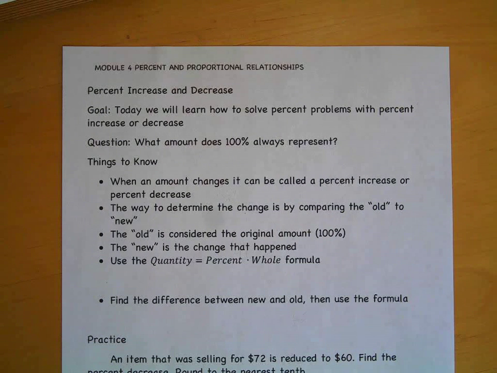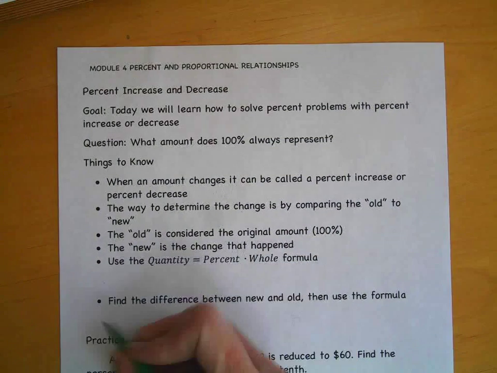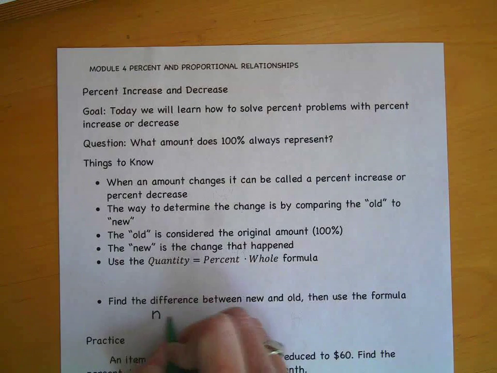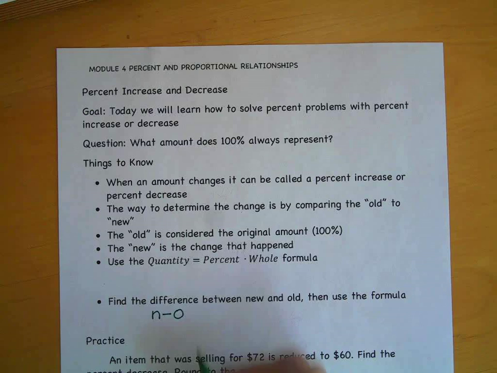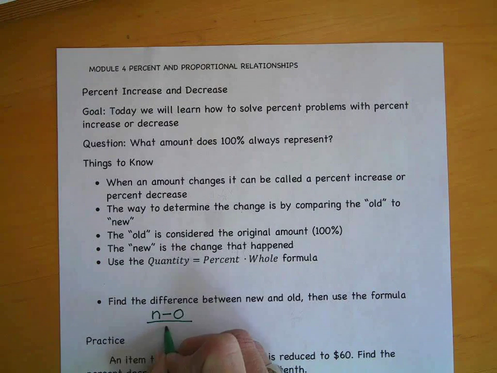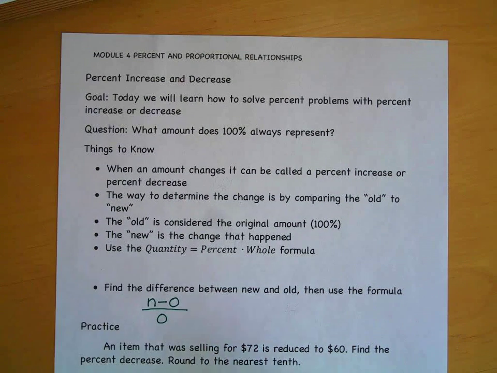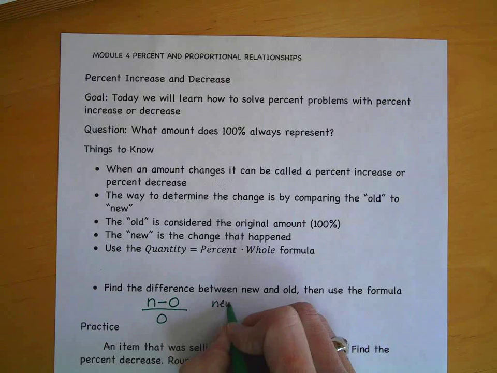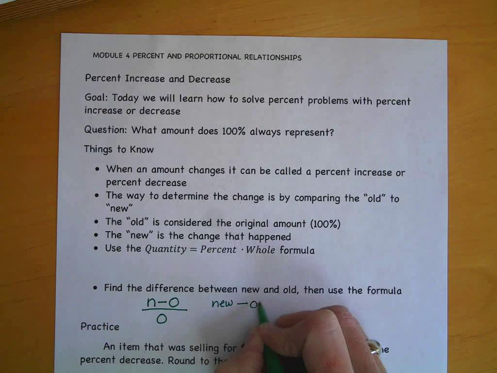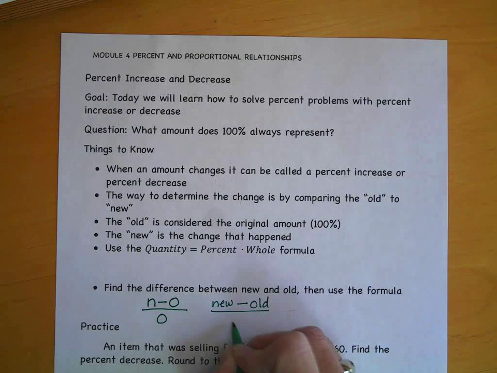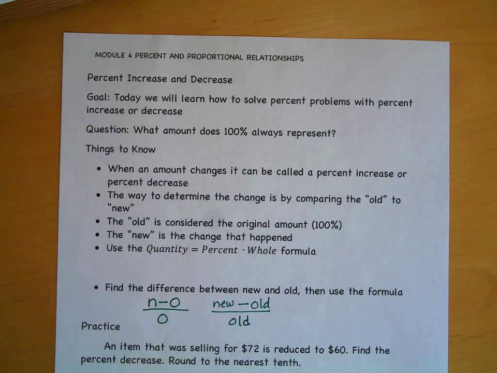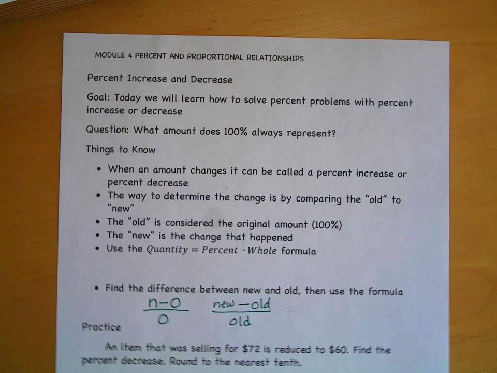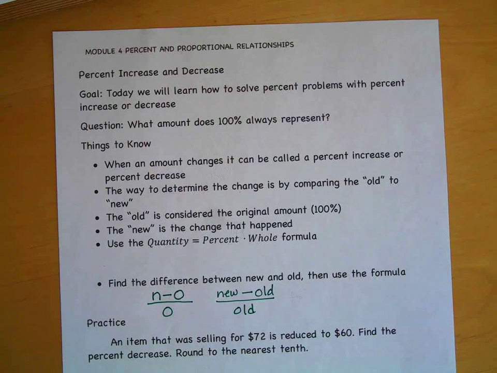Finding the difference means you subtract. So you take the new minus the old, and then you divide by the old. That's how we work out that formula.